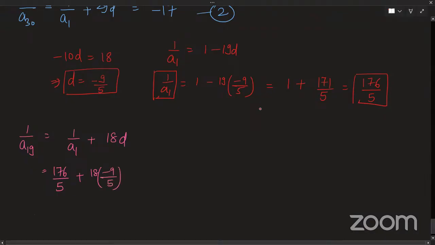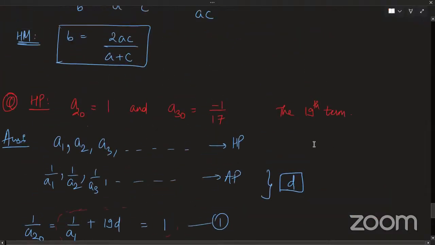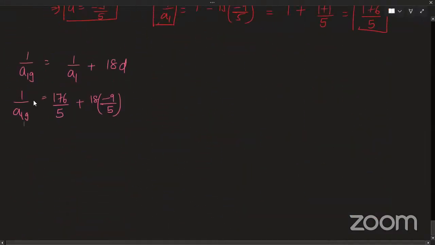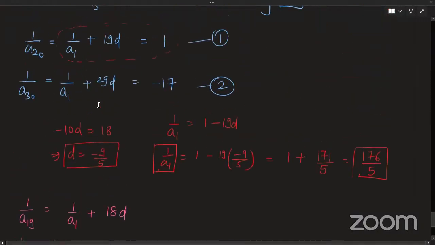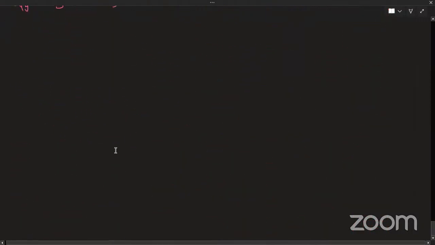You can calculate the value. And I have to report my 19th value of HP, so what do I do next? I have to take the reciprocal, because I have to report A19, not 1 by A19. So just take the reciprocal after you get this.